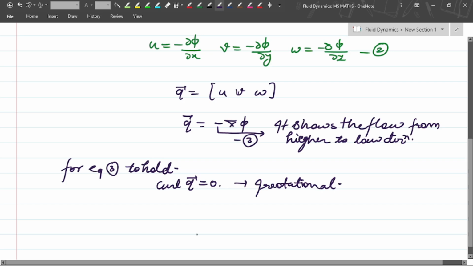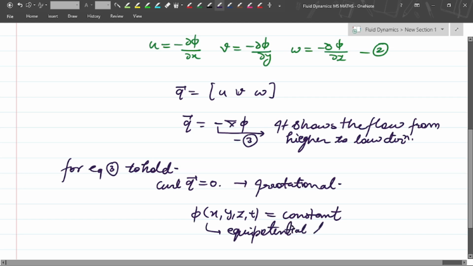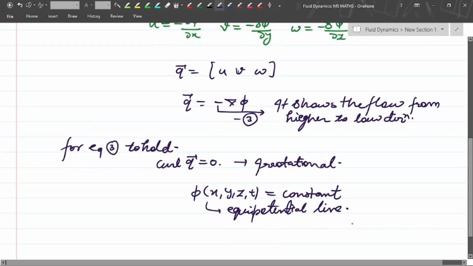To hold this property, the function phi(x, y, z, t) should be constant. It means it is on the equipotential line. Now, what is the vorticity vector?